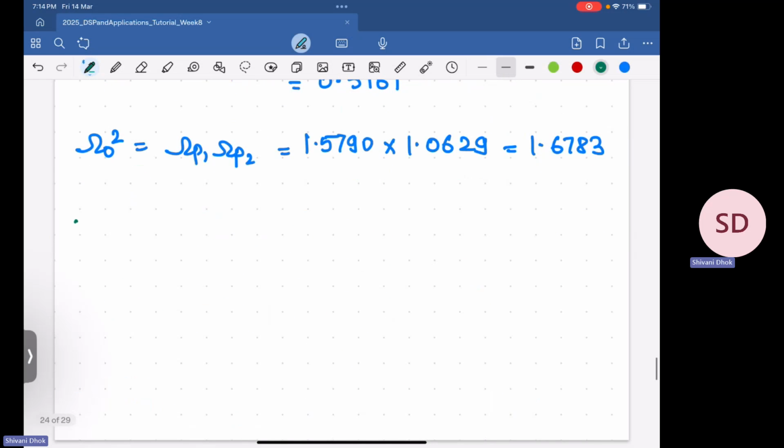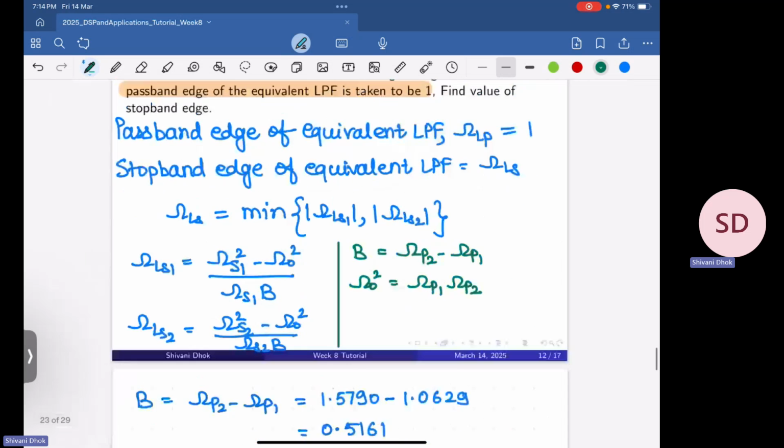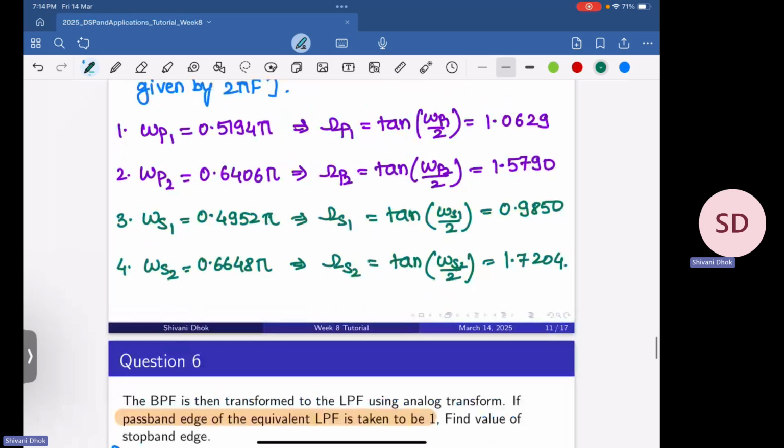So therefore, omega ls1 is omega s1 square minus omega naught square divided by b omega s1. What is the value of omega s1? Omega s1 we have obtained as 0.9850.